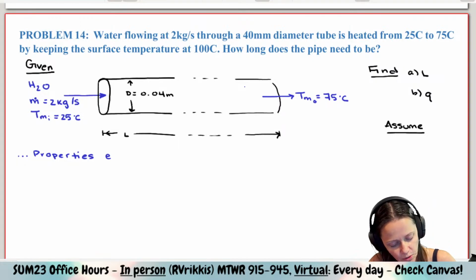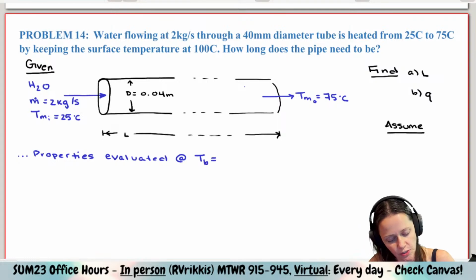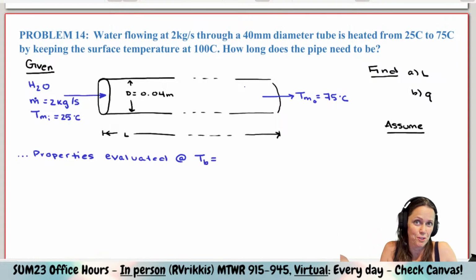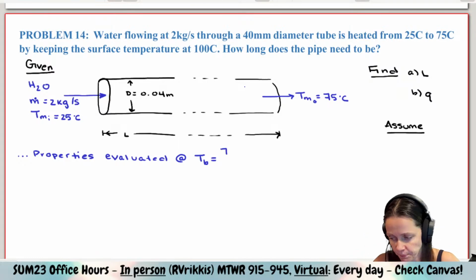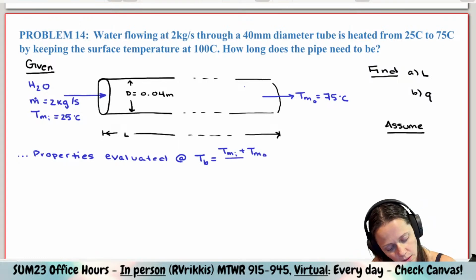But your properties are going to be evaluated at what's called the bulk temperature, which is just the average of the inlet and outlet temperatures. So I'm actually going to write it: T mean in plus T mean out divided by 2. So 50 degrees.